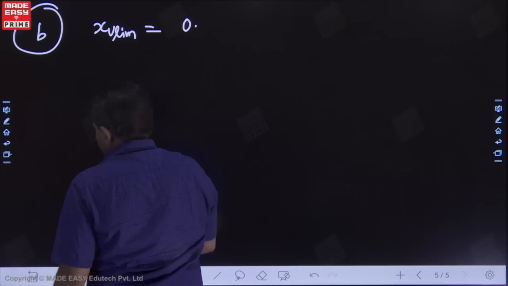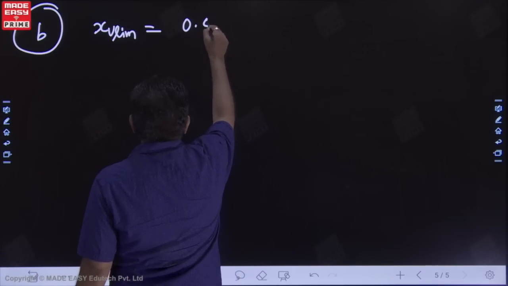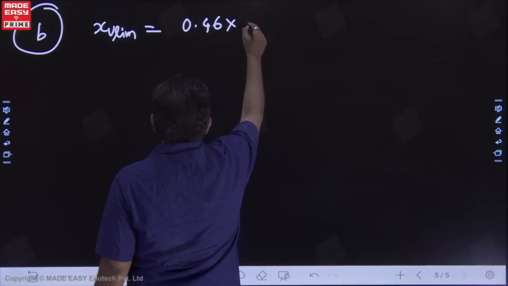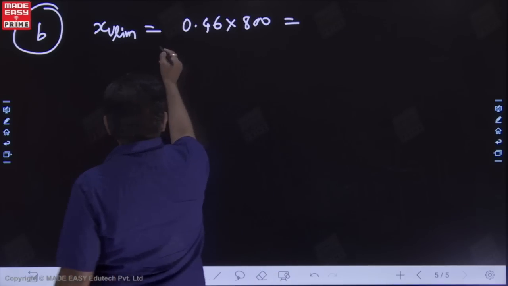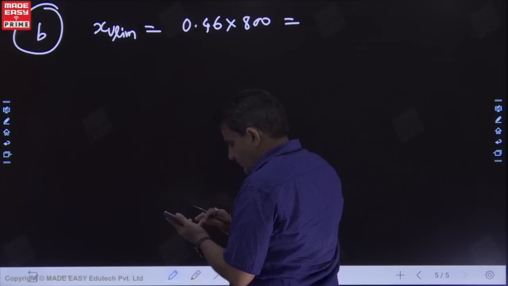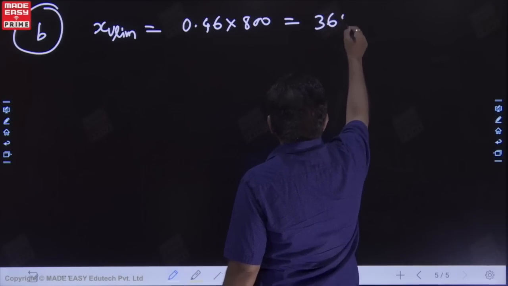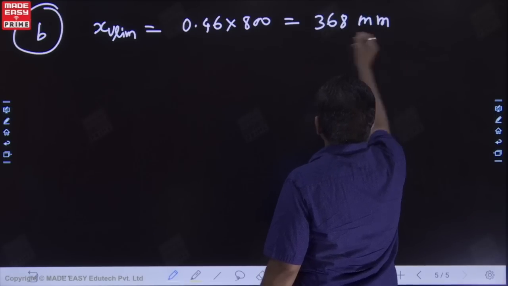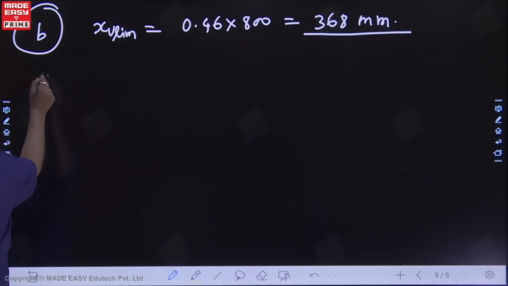What is the grade of concrete and steel? M25 and Fe500 are the grade of concrete and steel. So 0.46 into D, D is 800 mm. 0.46 into D, K into D. So this is equal to 0.46 into 800. This is 368 mm.